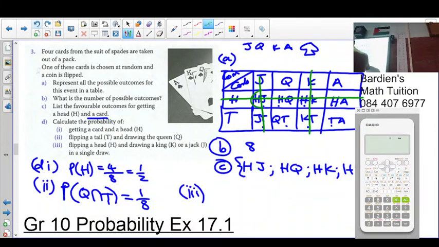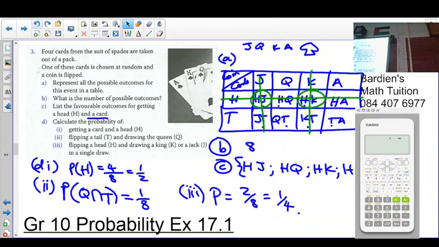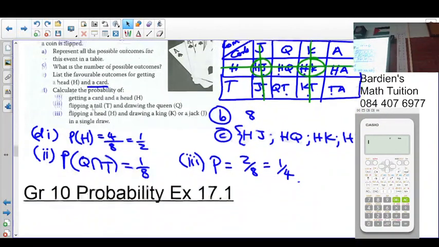So how many are there? Okay, in a single draw. So it's 2 out of 8. Probability is going to be 2 out of 8, which is 1 out of 4. Okay, you guys understand? Is there any confusion?